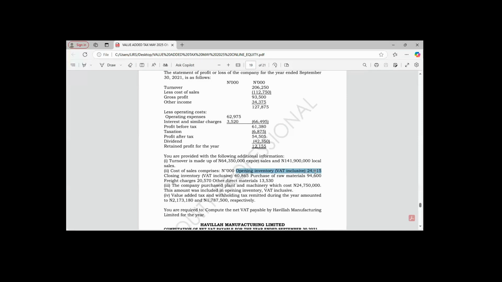Then under note 3, the company told us that the company purchased plant and machinery which cost 24,750. This amount was included in opening inventory, VAT inclusive. This plant and machinery was part of opening inventory.